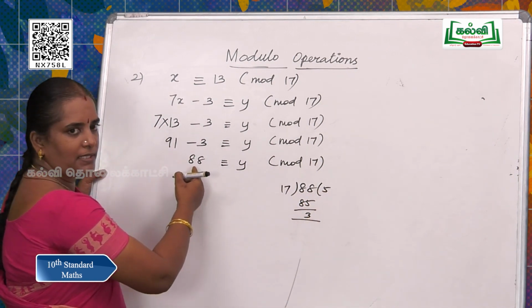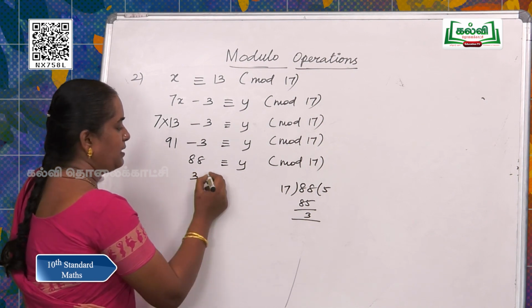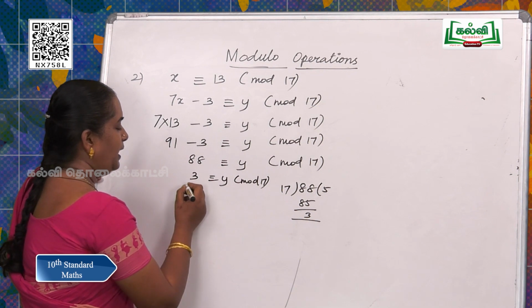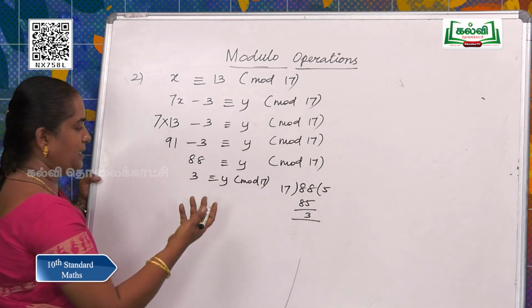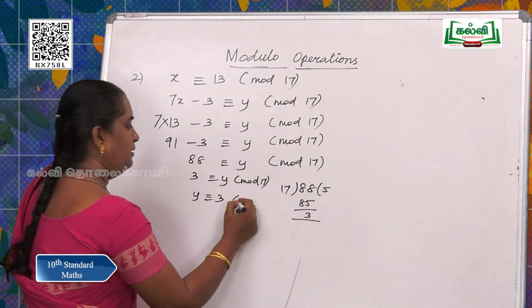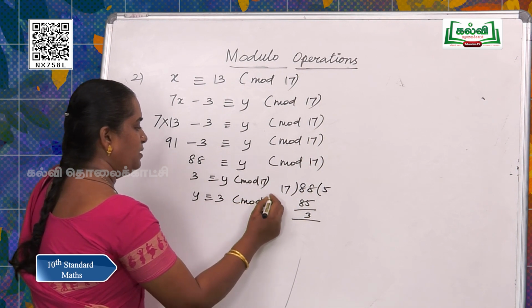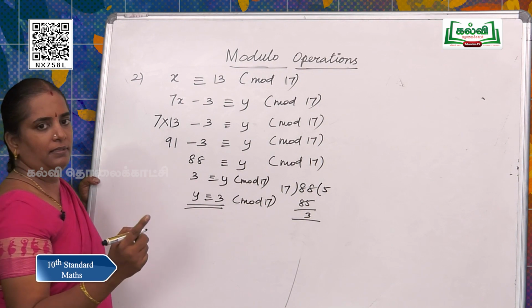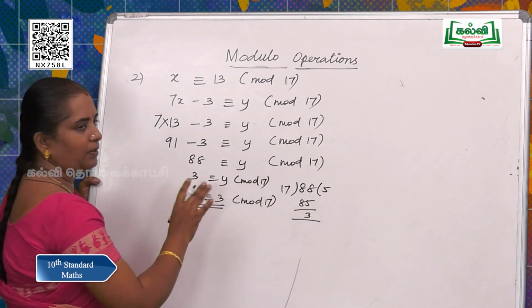So we can replace it with the remainder. So 3 is congruent to y mod 17. Now the answer is there: y is congruent to 3 mod 17. That is, 7x minus 3 is congruent to 3.